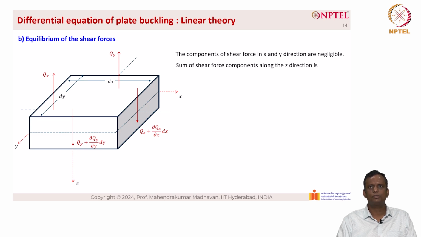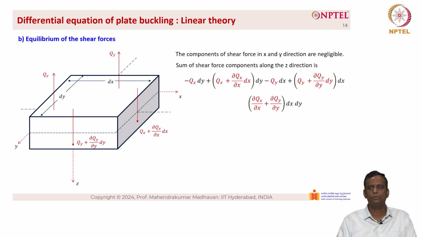The sum of shear force components along the z direction is Qx into dy, which is the shear force, plus Qx plus ∂Qx/∂x into dx into dy minus Qy into dx plus Qy plus ∂Qy/∂y into dy into dx. So, this gives rise to the value ∂Qx/∂x plus ∂Qy/∂y into dx into dy, which becomes equation 5.